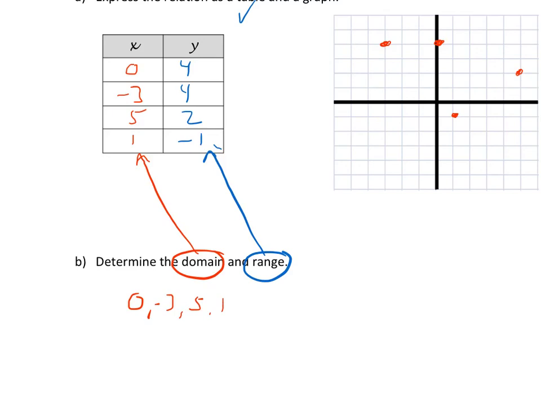And my range is 4, 4, and you don't have to write that twice if you don't want to, 2, and negative 1. Or just 4, 2, and negative 1. You don't have to write the 4 twice. And this ends Lesson 3.1, Video 2.